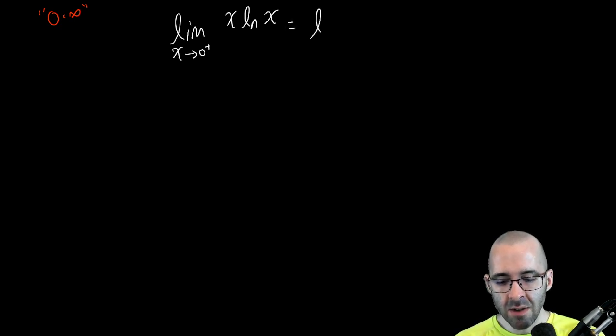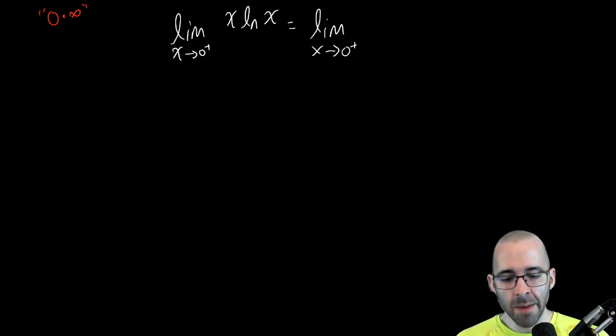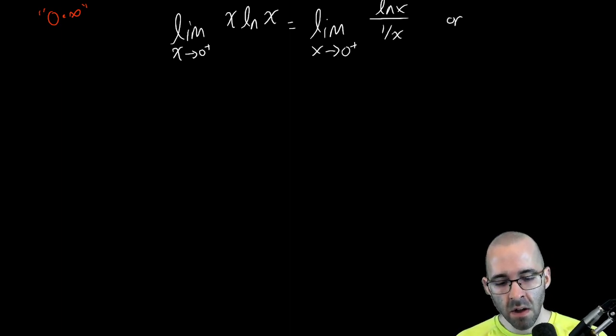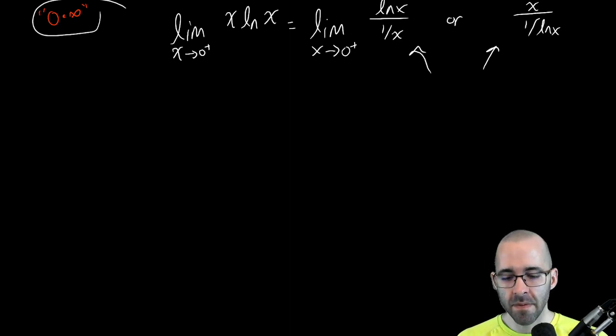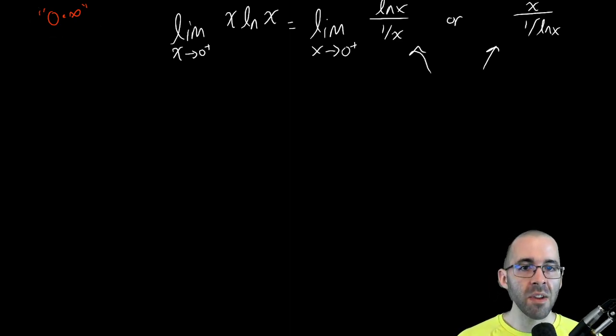So we're going to write this as one of two things. Either we're going to put one of these on the top and one of these on the bottom. We could write this as ln x over 1 over x. Or we could write this as x divided by 1 over ln x. That's what we always do when it's this form. Put one of them in the bottom.